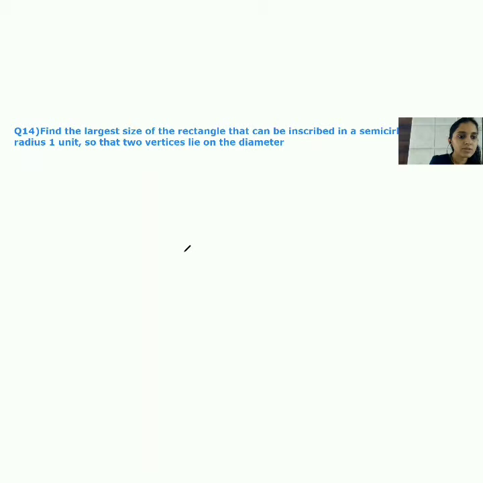So let us do the semicircle first, and now let us inscribe a rectangle in this. Now roughly our diagram should look according to this, right?